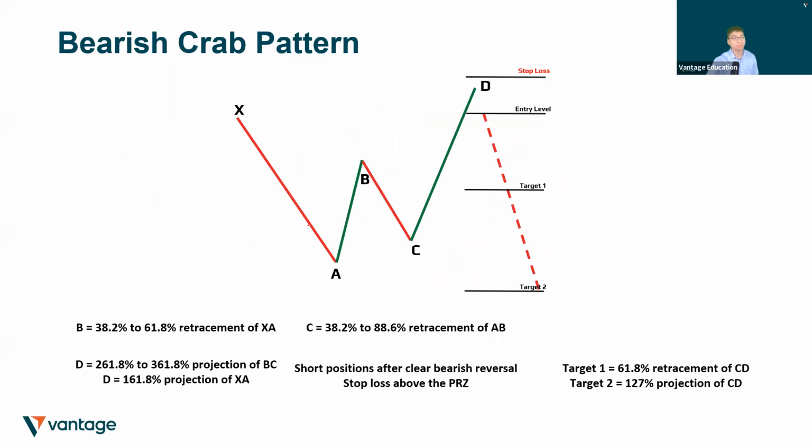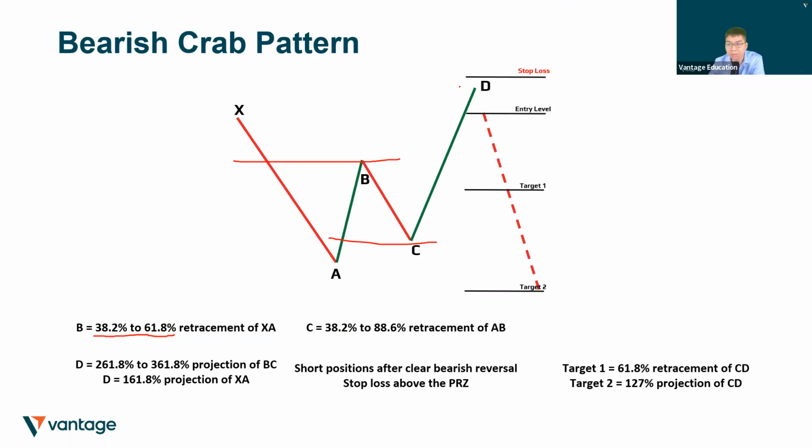So moving on to the bearish crab pattern. As I mentioned earlier, this area, 38.2% to 61.8%, is just opposite. I'll do a quick one now since we are running out of time. There's two more patterns. So yeah, this area, 38.2% to 61.8% retracement of XA. C is 38.2% to 88.6% retracement of AB.